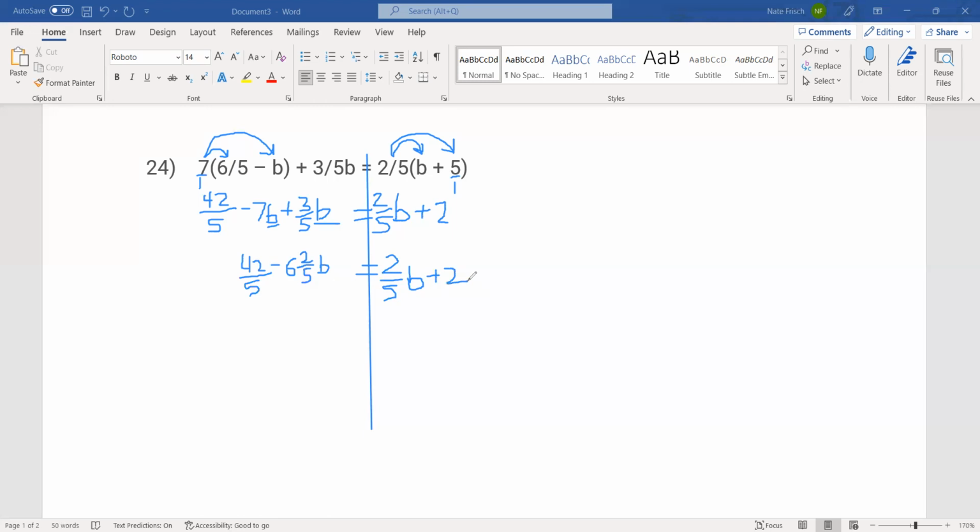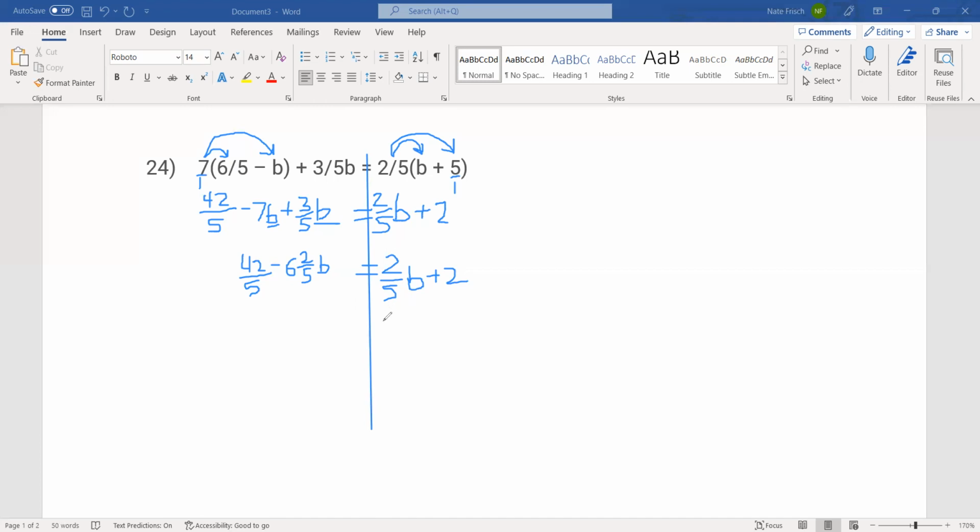All right, so now it is time to start moving things from side to side, start canceling some things out. I think I'll put my variable on the left-hand side again. It doesn't really matter, but sometimes I'm just kind of in that habit, so that's what I'll do. So I'm going to get rid of this 2/5 b now because I don't want to have a b value on both sides.